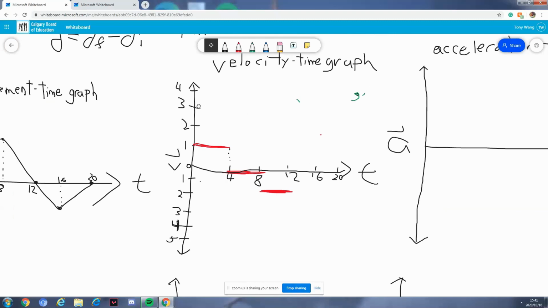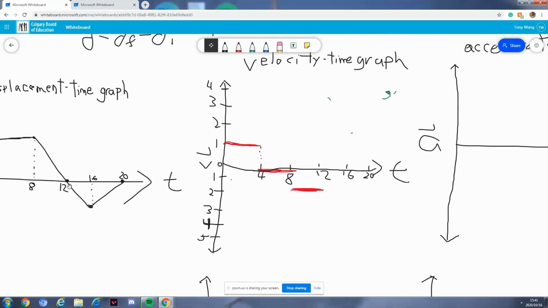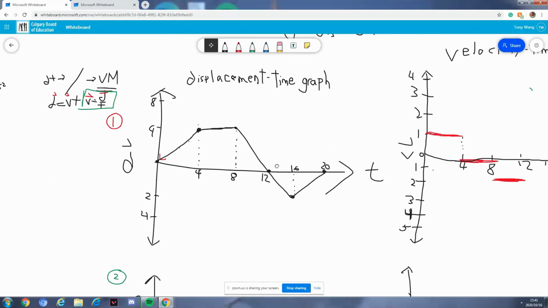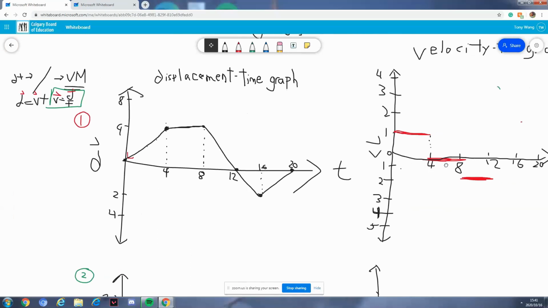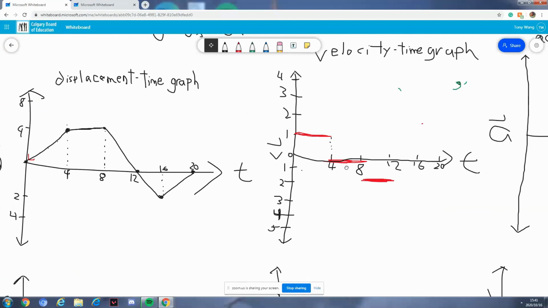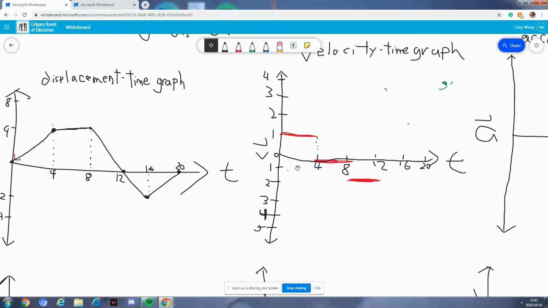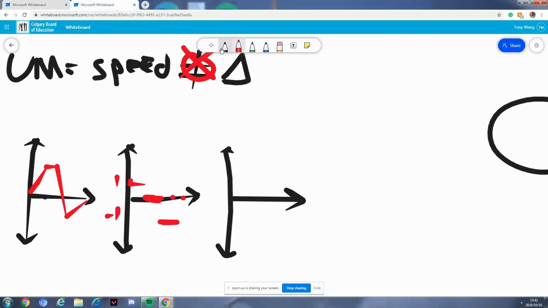Okay, so from 12 to 16, we can see that this person moves from his original place 2 meters north. I mean 2 meters south because it's in the negative quadrant area. So same formula. All right.